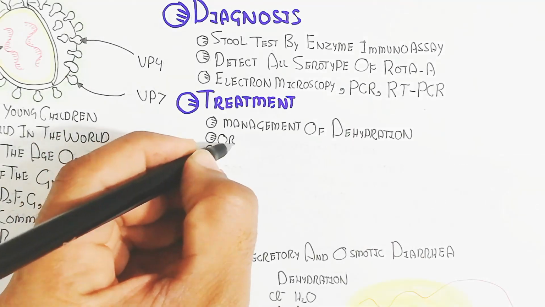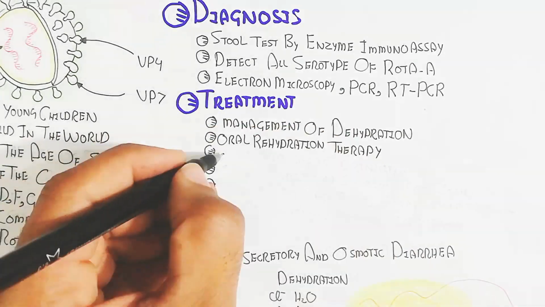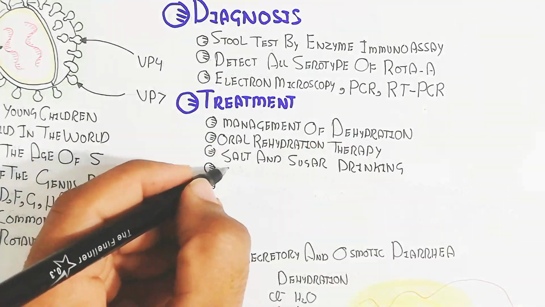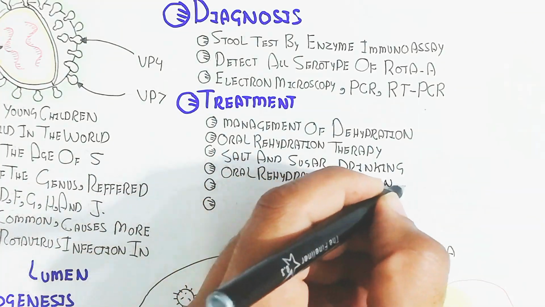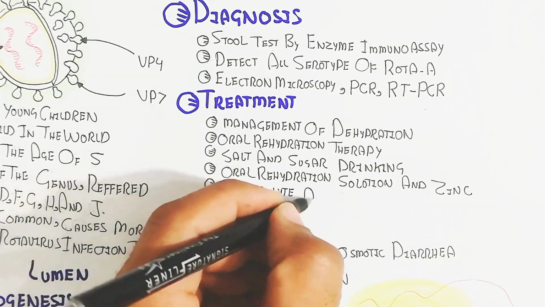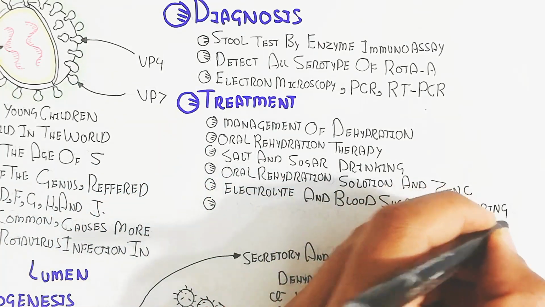For treatment, the management of dehydration due to electrolyte loss is through venous transfusion and oral dehydration therapy, salt and sugar drinks, oral dehydration solution and zinc, along with electrolyte and blood sugar monitoring.